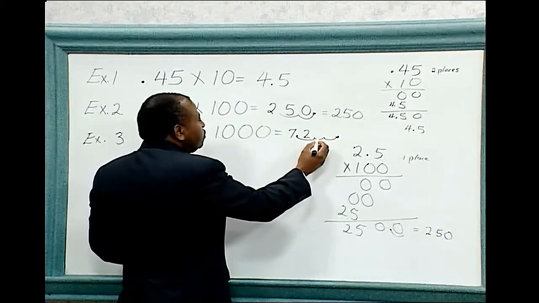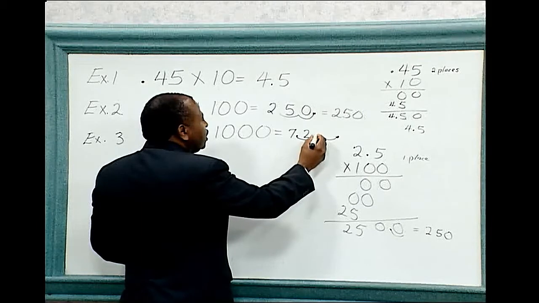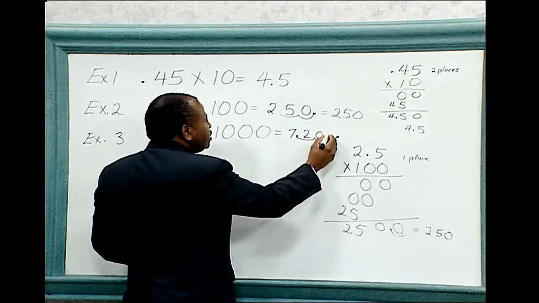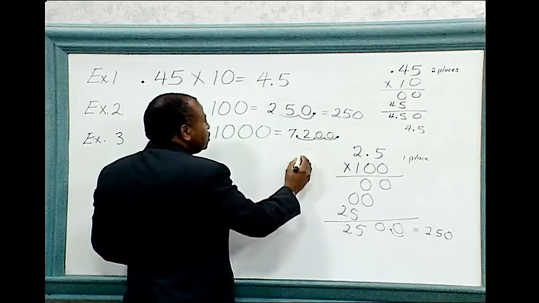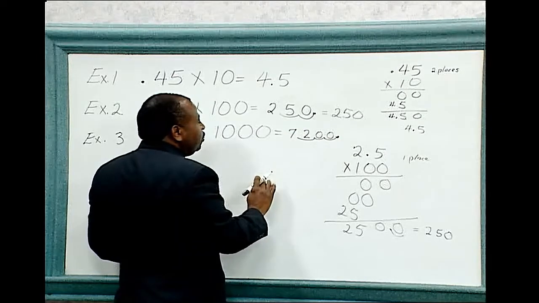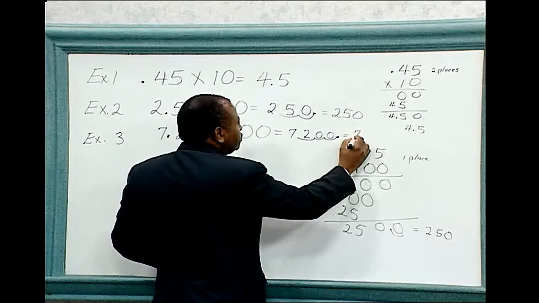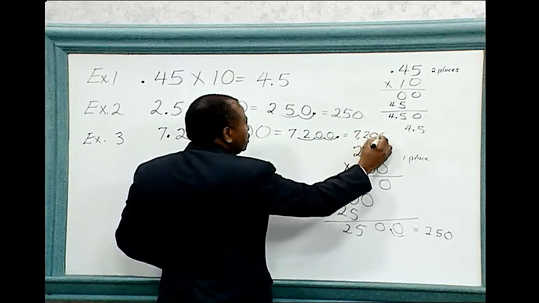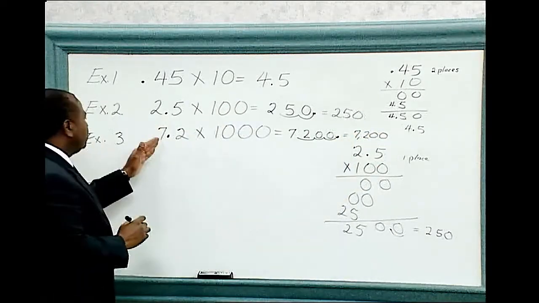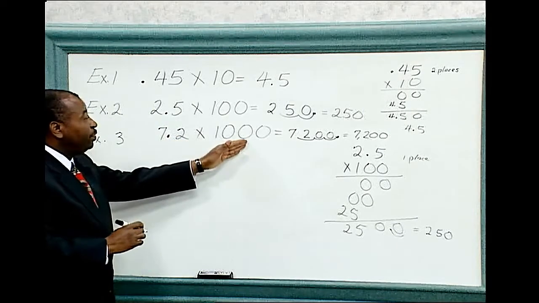In the places where there's no number, I would place zeros as placeholders. I'll erase the decimal point, so I have 7,200. 7,200 is the answer when I multiply 7.2 times 1,000.